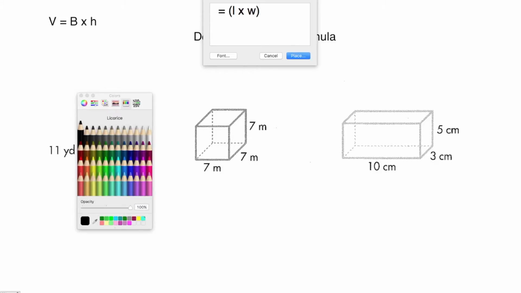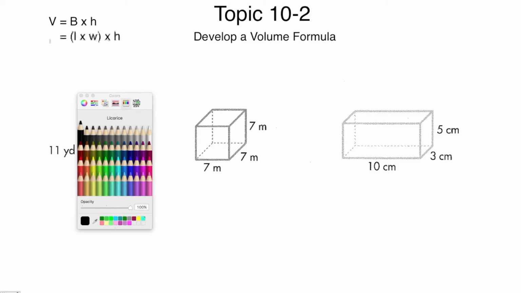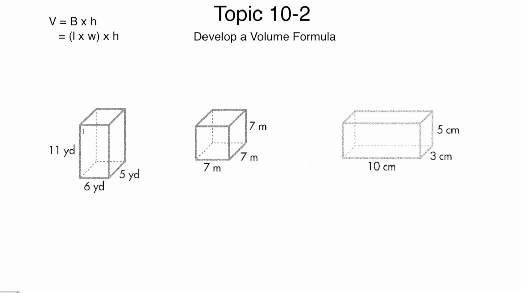If it was a square, which we do have, it would be S squared. If it was a triangular prism, you would write the formula for the area of a triangle here, so on and so forth, times H. All right? So that's what goes right underneath. And then we plug and chug. So go ahead and plug and chug this first one and see what you come up with.